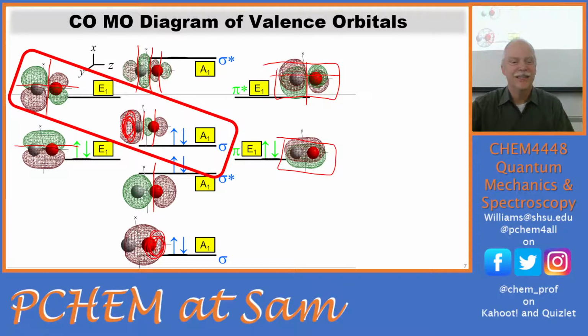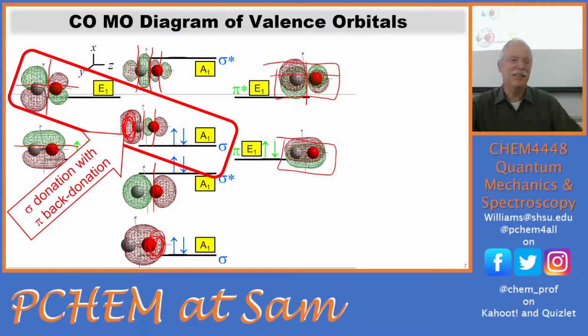No, I'm just teasing. So this is, again, the orbitals that are useful in sigma donation with pi back donation. So we have an occupied orbital with the sigma bond that has this bulge on the carbon atom. You see that bulge? That big bulge on the carbon atom can interact with the metal d orbitals.